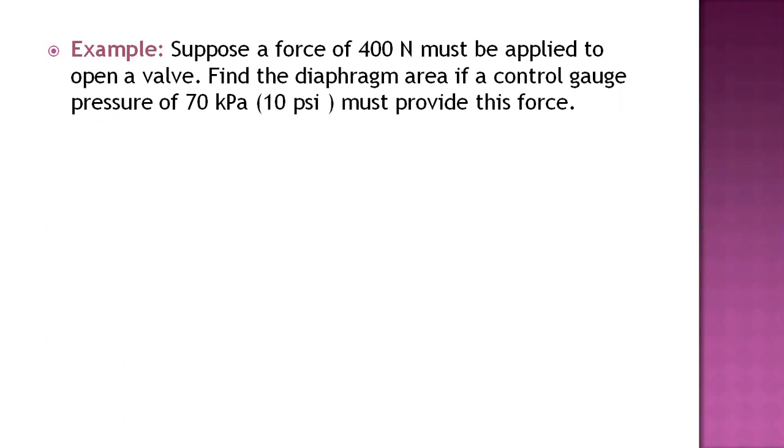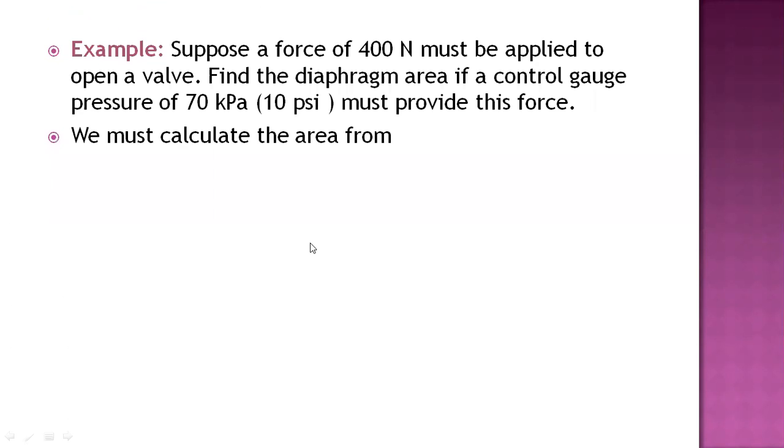Now let's see one example based on this. Suppose a force of 400 Newton must be applied to open a valve. Find the diaphragm area if a control gauge pressure of 70 kilopascal must provide this force, which is nearly about 10 psi.